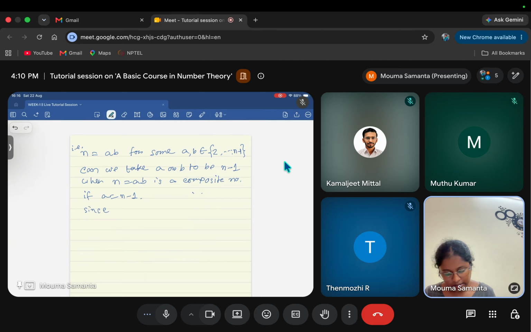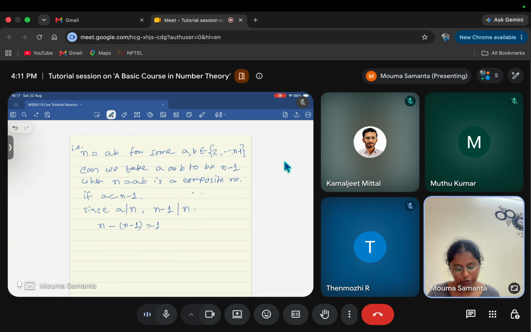Since a divides n and a equals n minus 1, this implies n minus 1 will divide n. Now we have n minus (n minus 1) equals 1. What can we say about the GCD of n and n minus 1?